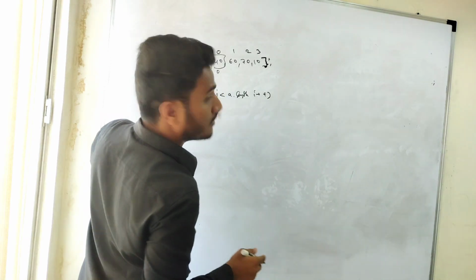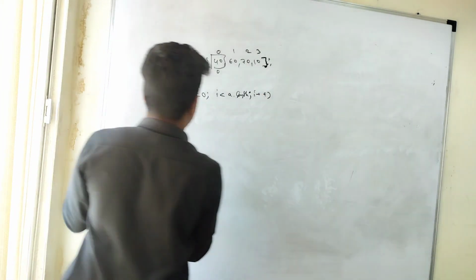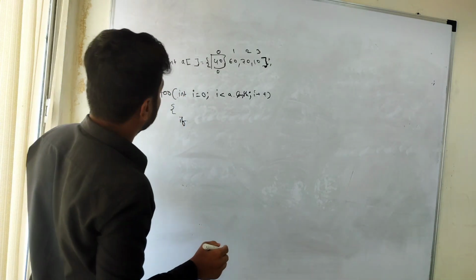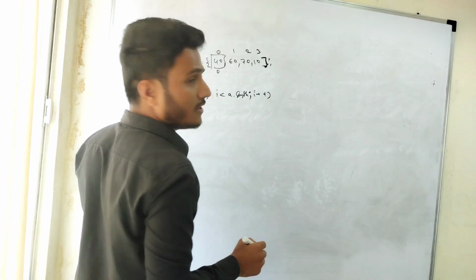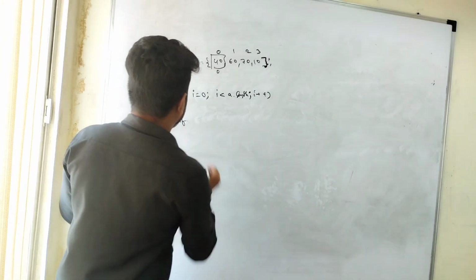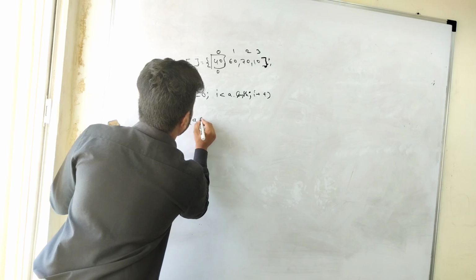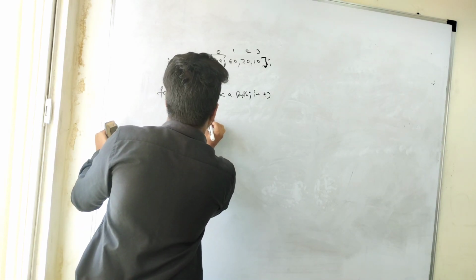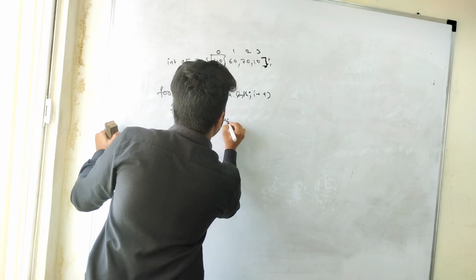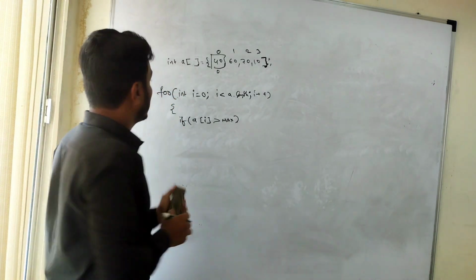If... You are missing a semicolon in the for loop. Only one for loop is enough. Check the adjacent elements. If a of I is greater than max value. Did you declare any maximum variable? No.